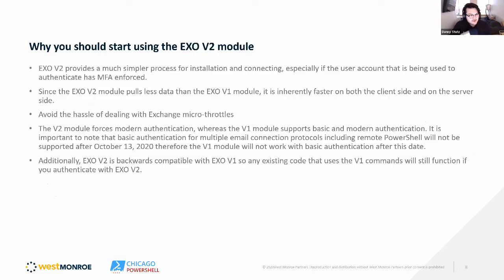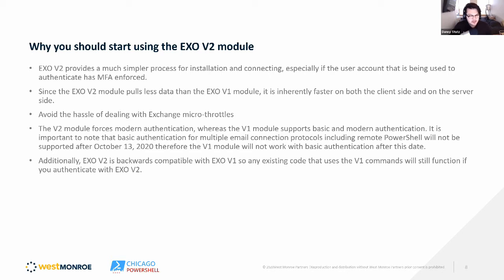So why should you actually go out and try and install this? What's stopping you from just using the V1 module and continuing to use it however you may use it? The first reason I like is that it's a much simpler process for installation and connecting, especially if you're using MFA. Modern authentication is going to be forced on a lot of email connection platforms, like remote PowerShell.